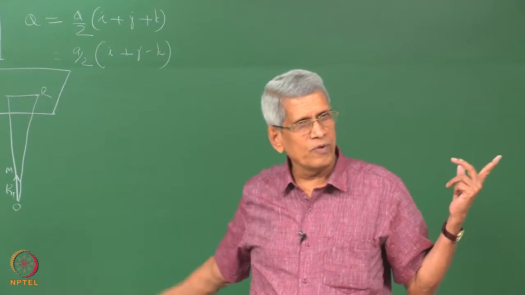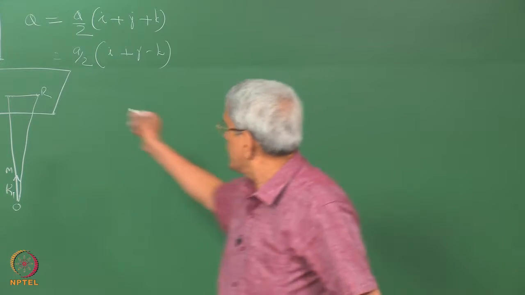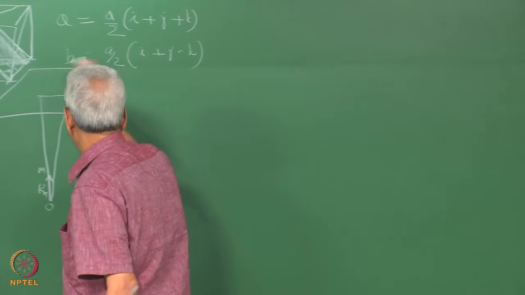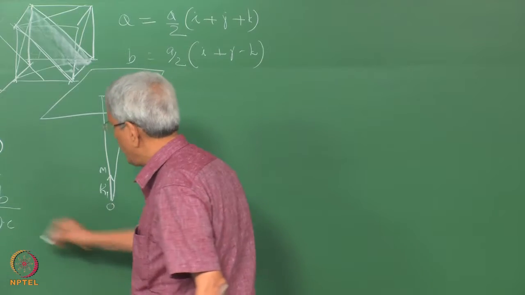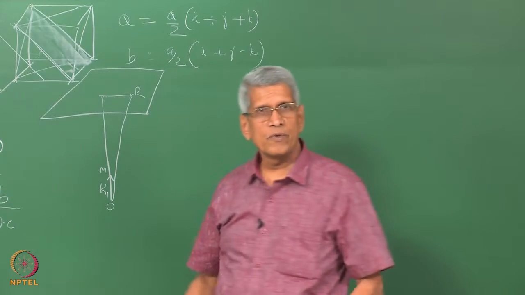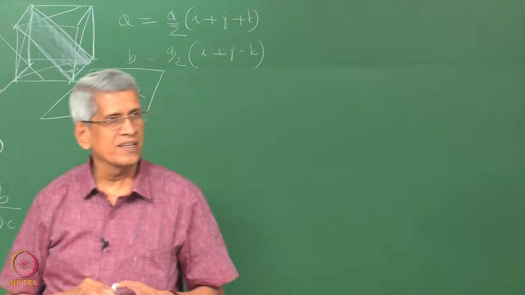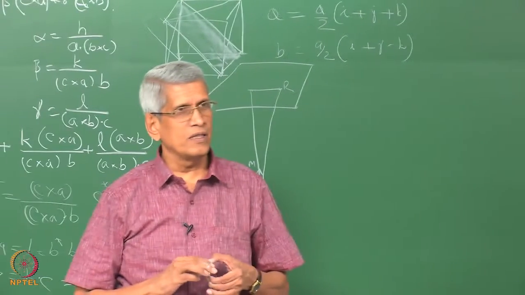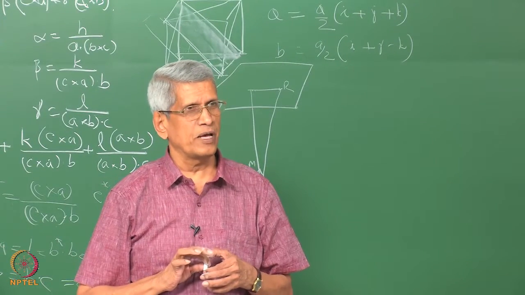Now when we know these vectors A, B and C, using this expression we can find the reciprocal lattice vectors. Then we can draw a unit cell corresponding to that.